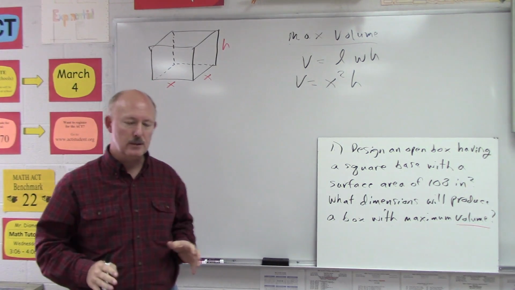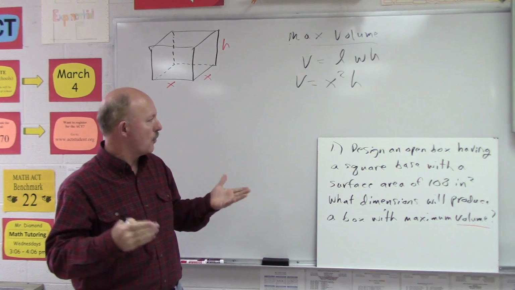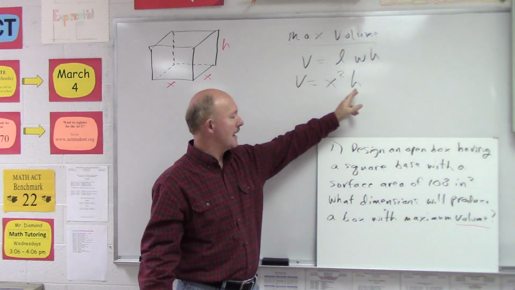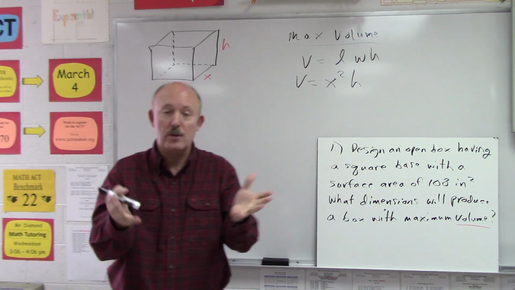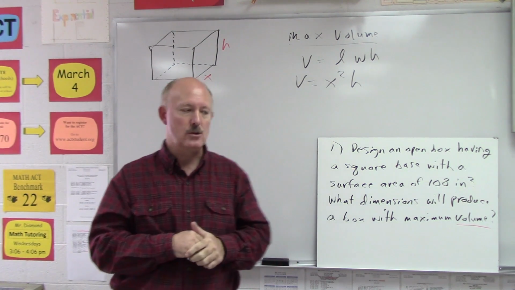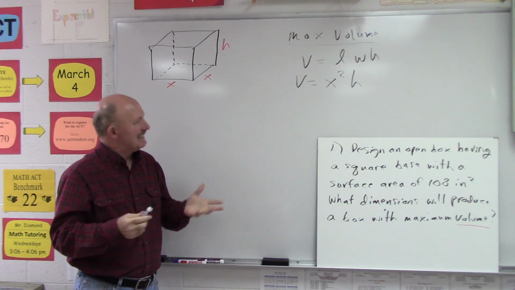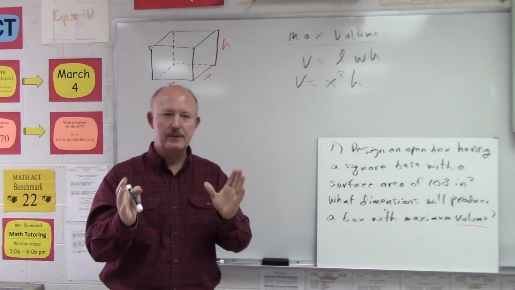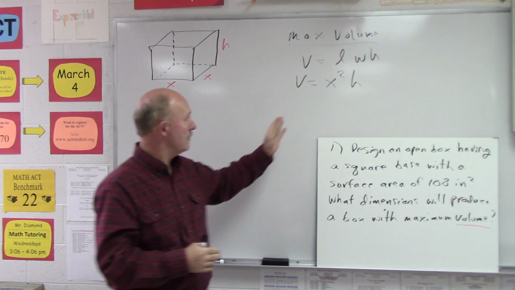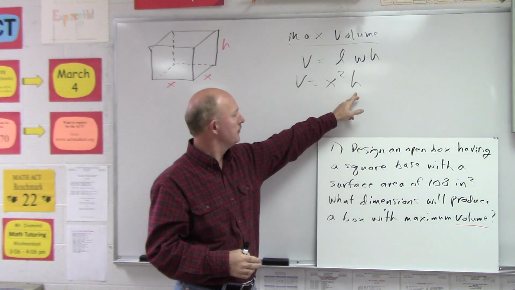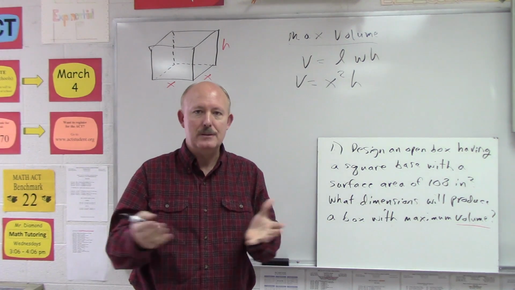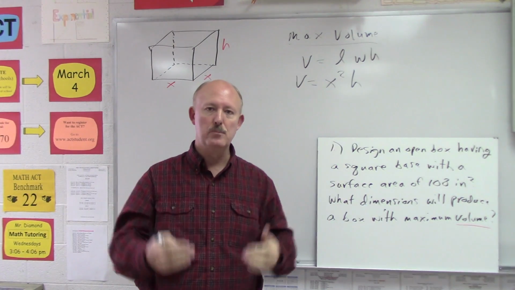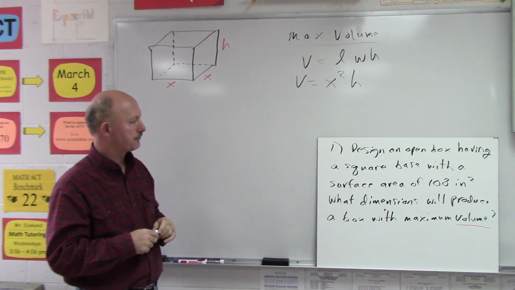But V equals x squared times h is expressed in terms of x and h, which makes this a much harder problem when you've got three different variables, V, x, and h. So with this type of problem, we're going to see if we can eliminate one of our variables.